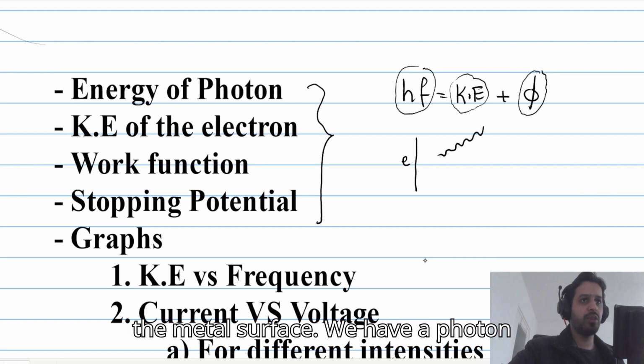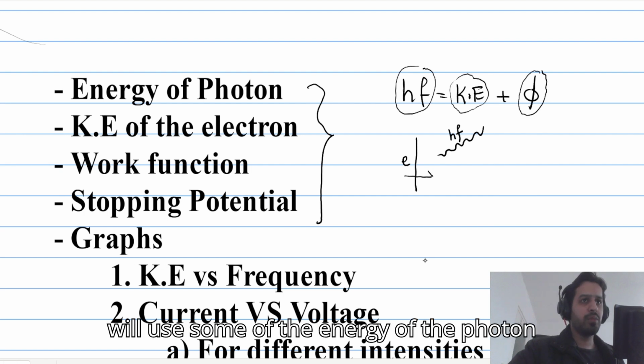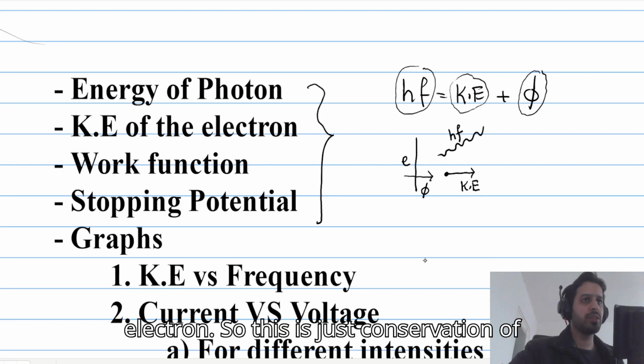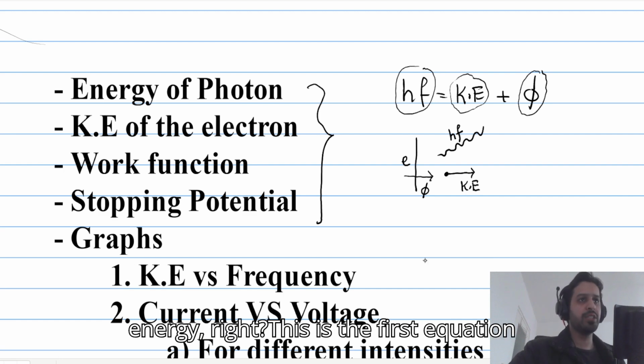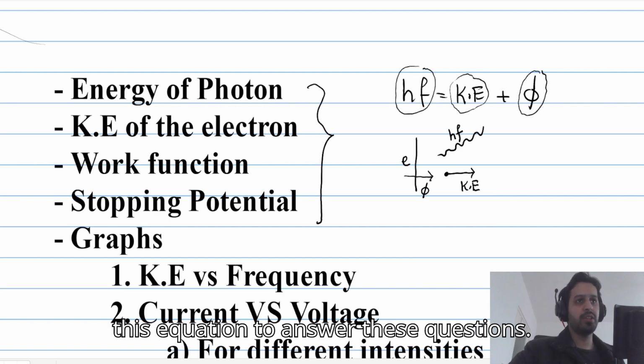We have a photon coming in, which has energy hf. The electron will absorb this photon, will use some of the energy of the photon as work function, and the rest will appear as kinetic energy of the electron. So this is just conservation of energy, right? This is the first equation we need, and we also need to understand this equation to answer these questions.